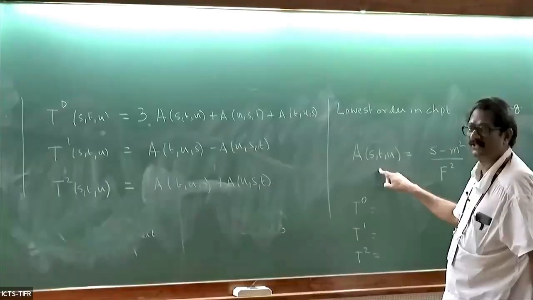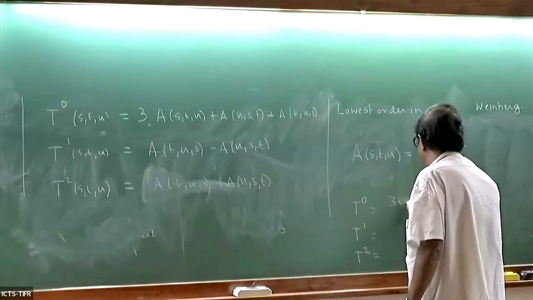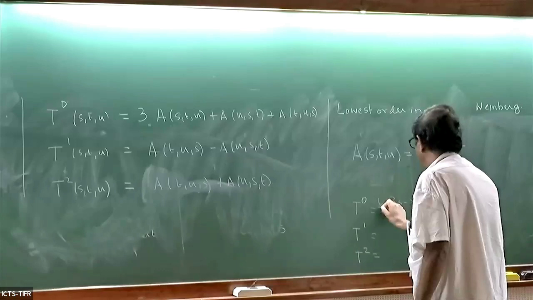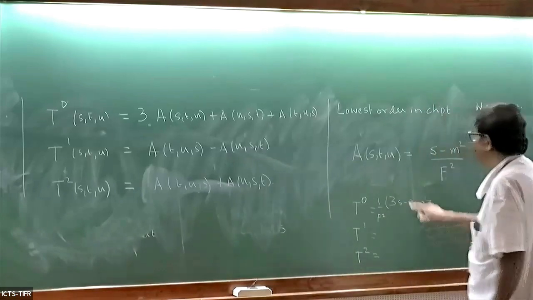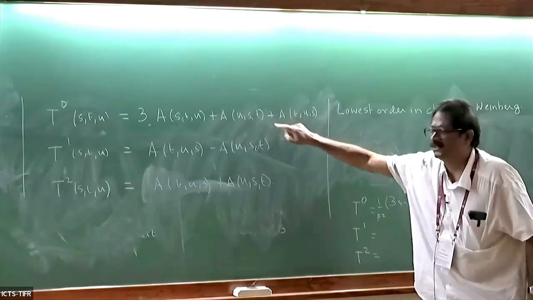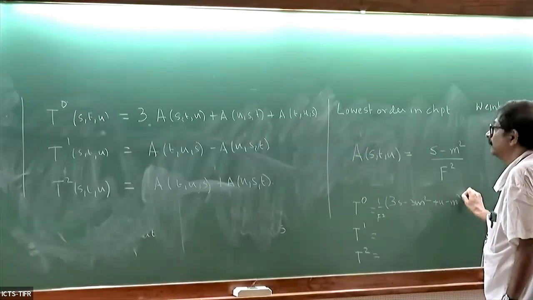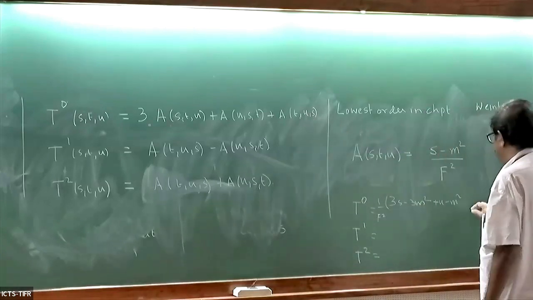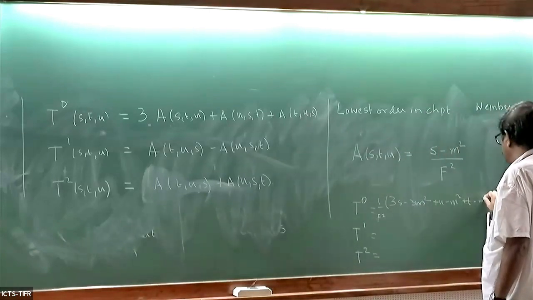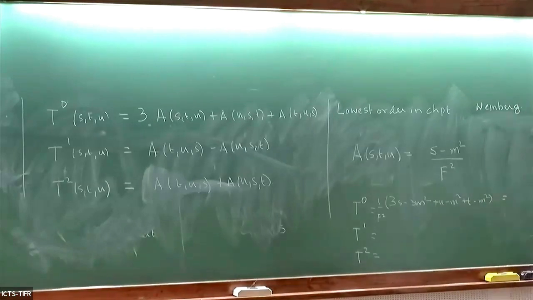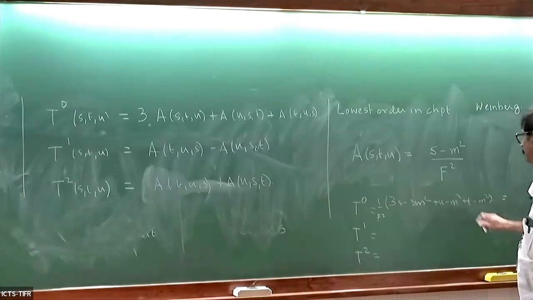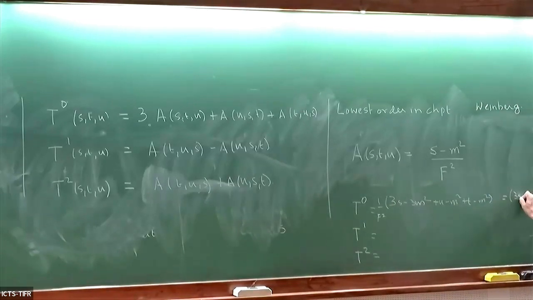So 3A(S,T,U) is 3S minus 3m squared, I'll put a 1 by f squared outside. Then A(U,S,T) plus U minus m squared. Then A(T,U,S) is plus T minus m squared. Now tell me, what is this? Three S plus T plus U minus 5m squared divided by f squared.